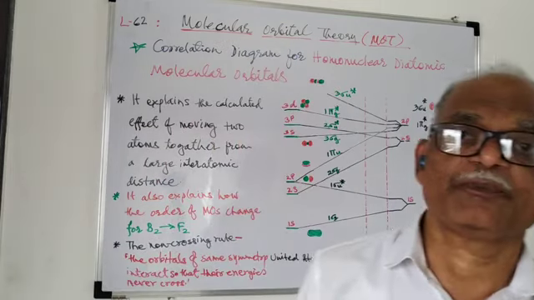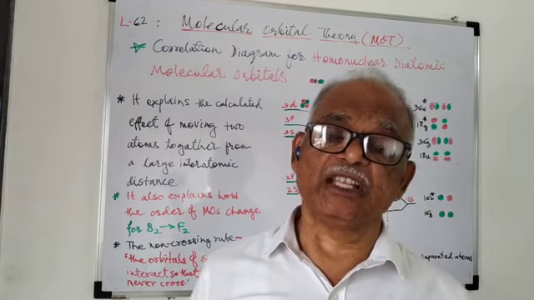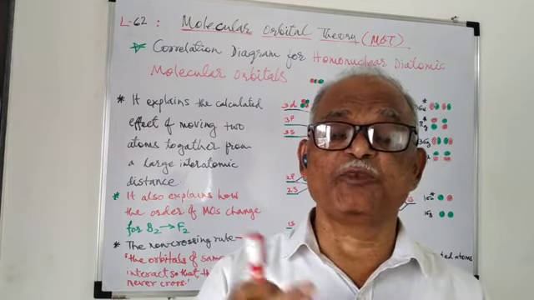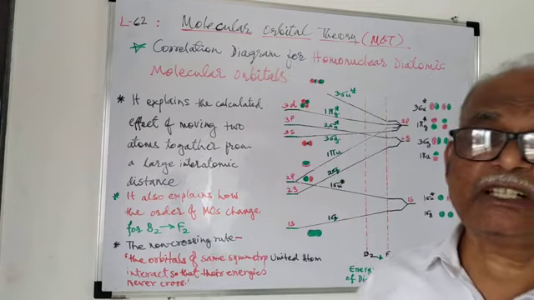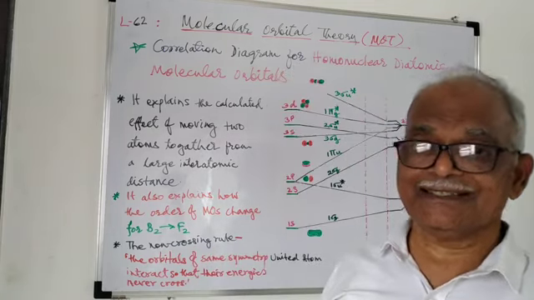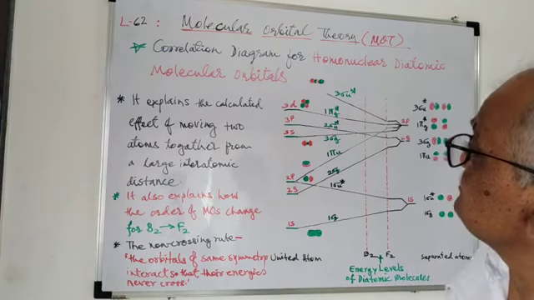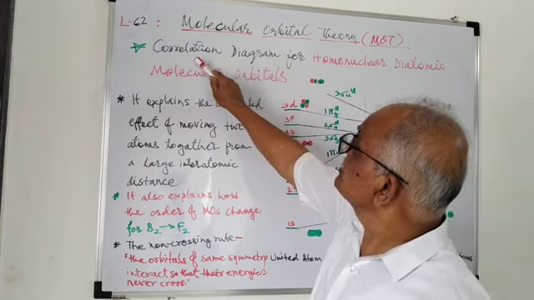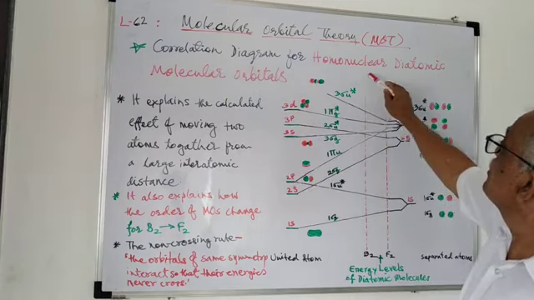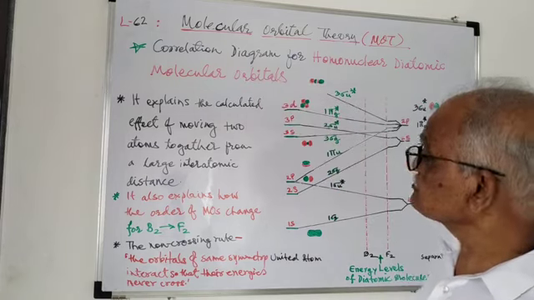In such a study, we have seen the changing order of the molecular orbitals formed as the nuclear charge or atomic number increases. So today we are going to consider the correlation diagram for homonuclear diatomic molecular orbitals.